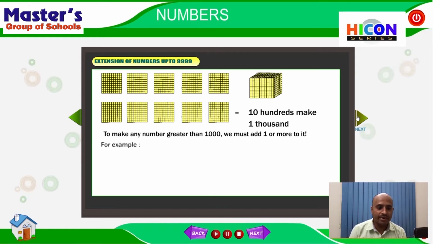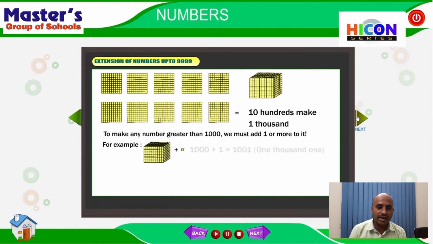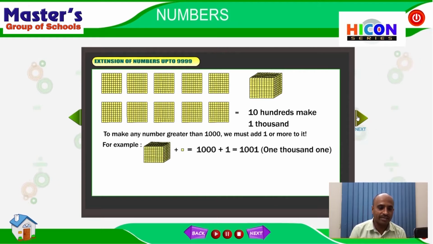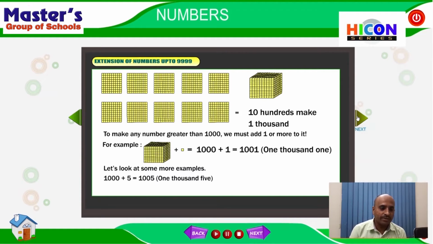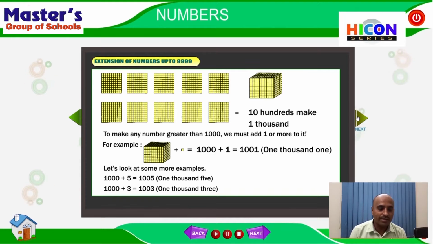To make any number greater than 1000, we must add 1 or more to it. For example, 1000 plus a small piece gives 1001. Look at some more examples. 1000 plus 5 is equal to 1005, and 1000 plus 3 is equal to 1003.